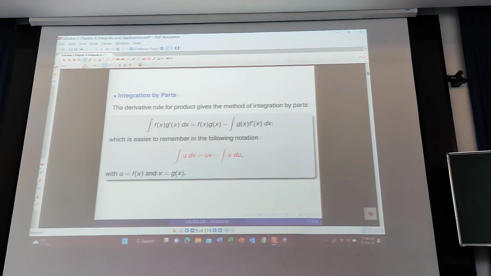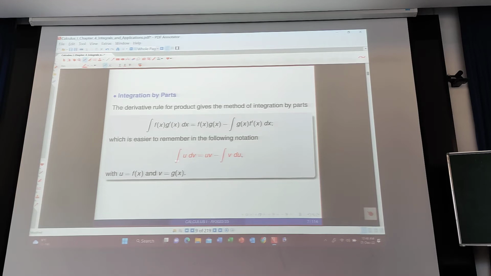That's the reason why I wrote the integral of f(x) g'(x) dx. We know that this is f g' = (fg)' − g f'.